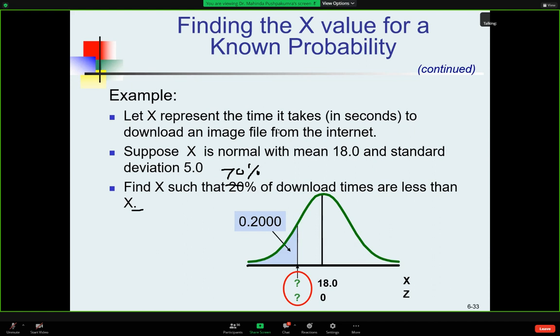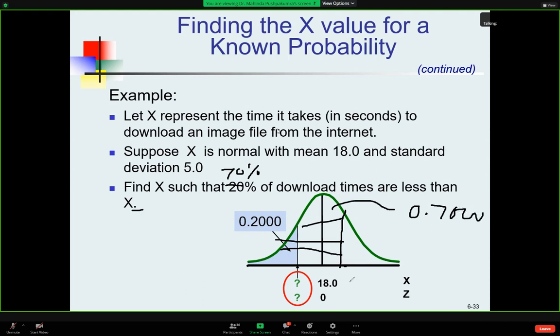Try to find it. 70% may be somewhere here. Then this area should be 70%, that means 0.7000.